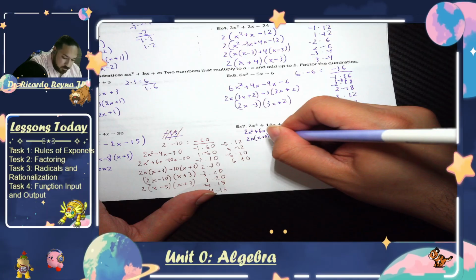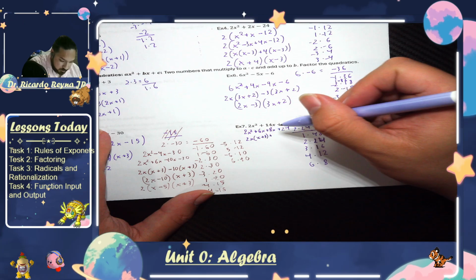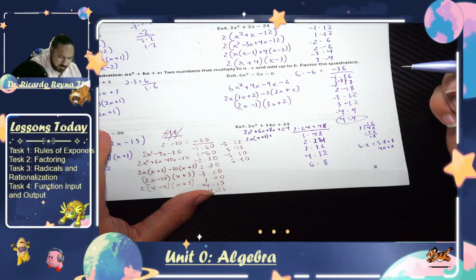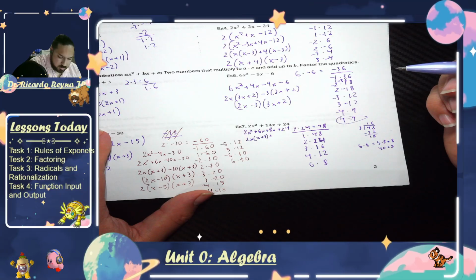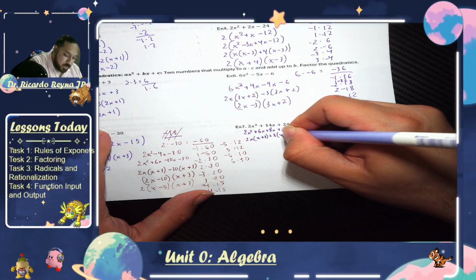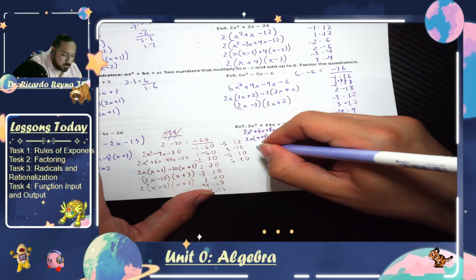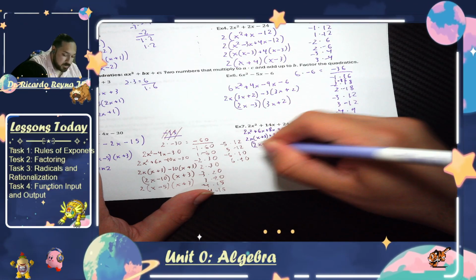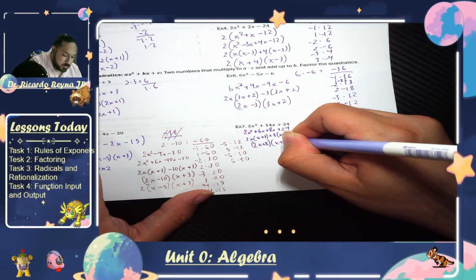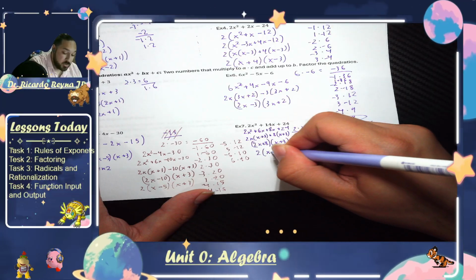And then from here, I need to make it look like 3, but I think if you just take out 8, it'll be 8 times 3. Yeah, okay. So 8x plus 3. Okay. So 2x plus 8, x plus 3. They share a common factor of 2, which we could visually see.